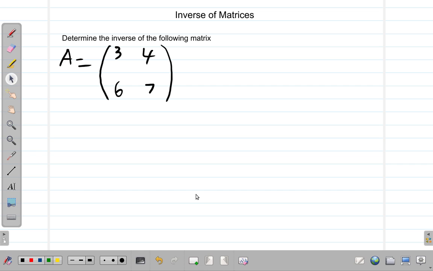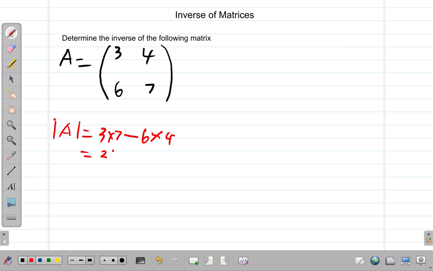Okay, so what did you get for the inverse? Let's deal with this. First of all, you need the determinant of A. So let's find the determinant of A. You multiply the leading diagonals, 3 by 7, minus the non-leading diagonals, 6 by 4.